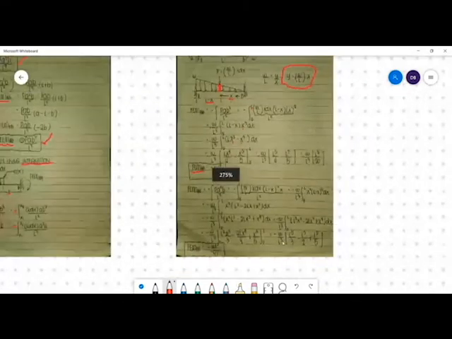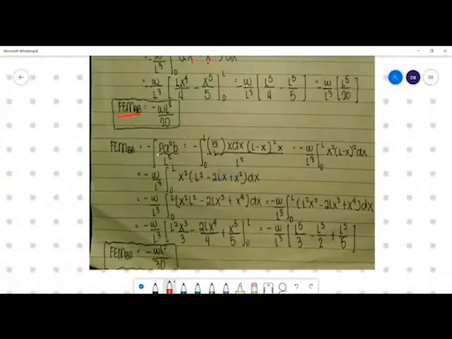FEMBA is equal to the negative integral of PA squared B over L squared, equal to negative integral of W over L times X dx times L minus X squared times X over L squared. So that will become negative W over L cubed integral of X times L minus X squared dx.